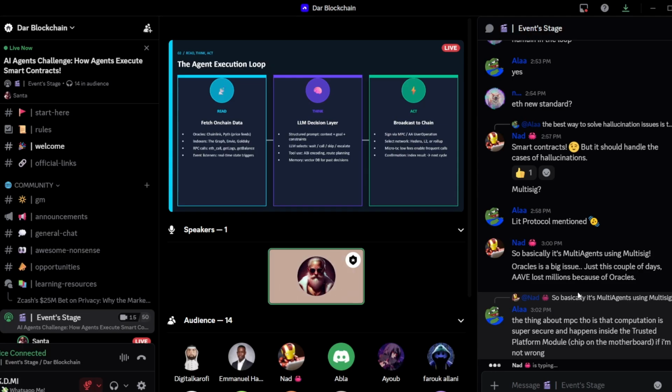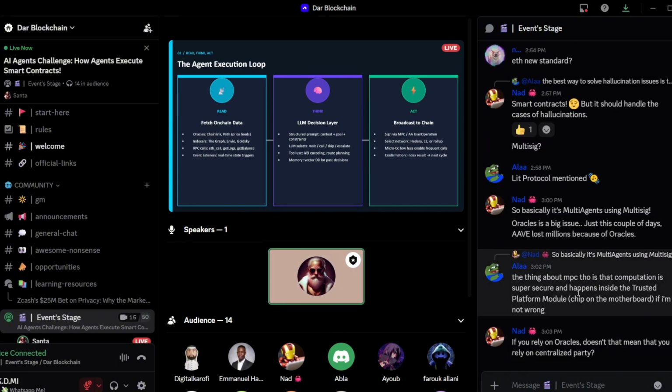Smart contracts emit events when things happen, like a token transfer, a vote cast, or a price moving past a threshold. The agent subscribes and wakes up only when relevant things happen, which is much more efficient than polling every block. So this is the read. This is how the agent reads.